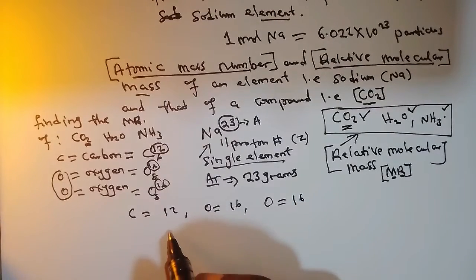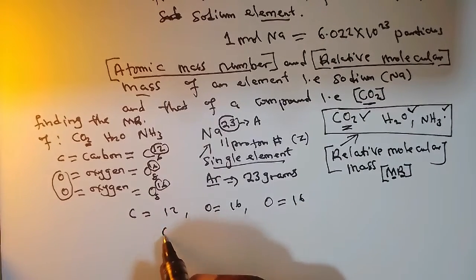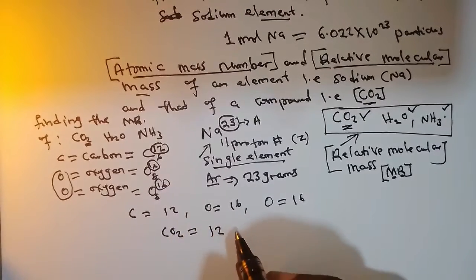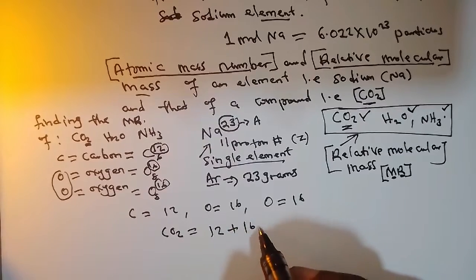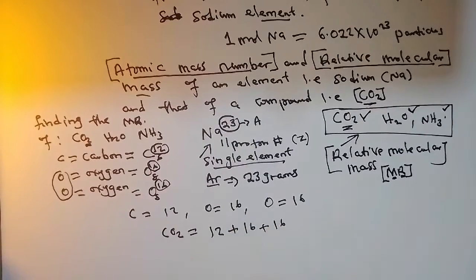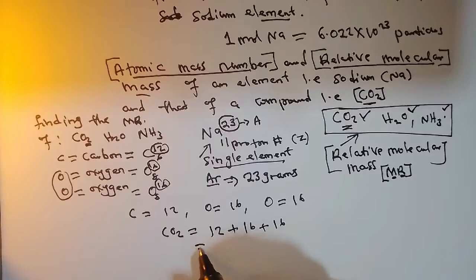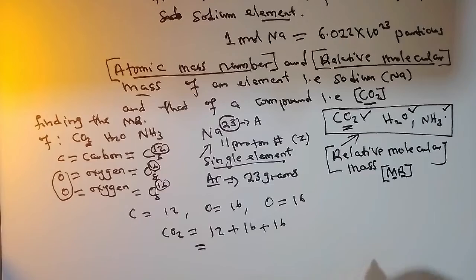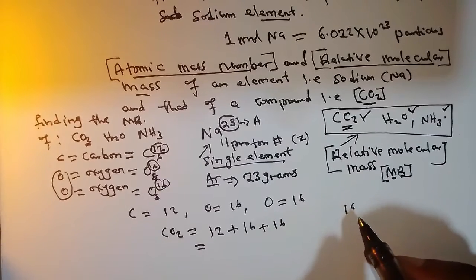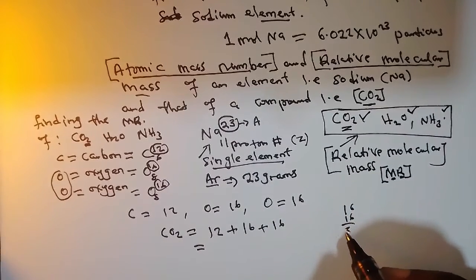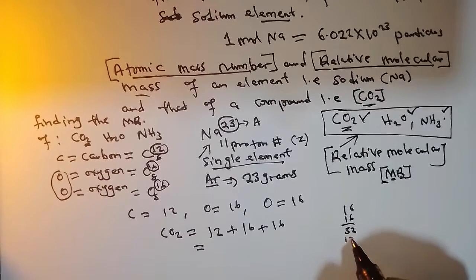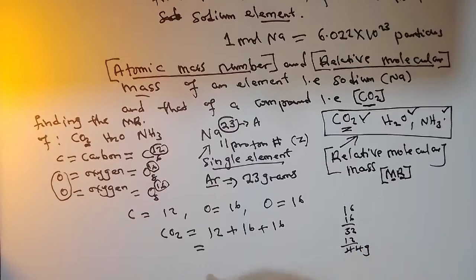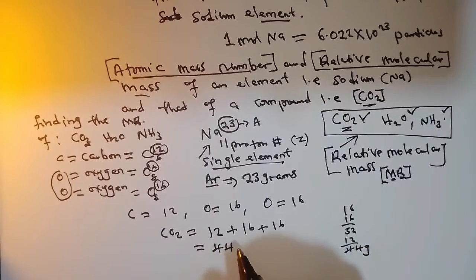So now all you have to do is the CO2 is going to be 12 for carbon plus 16 for oxygen plus 16 for another oxygen. And this all together will give us 16 plus 16, that is 32, plus the 12, that is 44 grams.